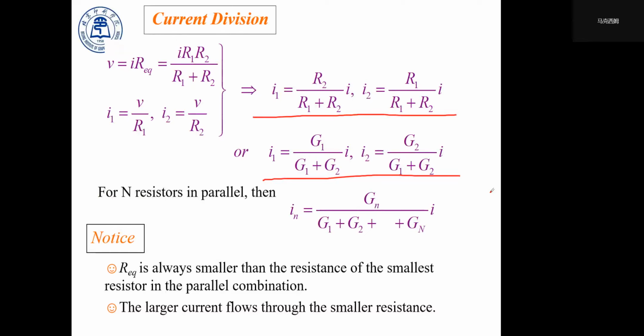And we also know that the equivalent resistance is always smaller than the resistance of the smallest resistor in the parallel combination. Which means the total resistance must be less than the smallest resistance on the branch. And we know that the larger current flows through the smaller resistance, like water running through a dam and the aqueduct. The larger the current flows through the smaller resistance.